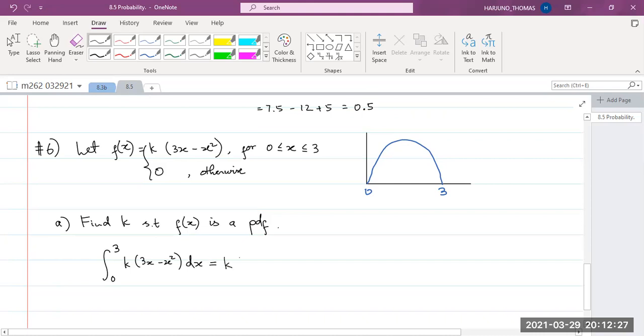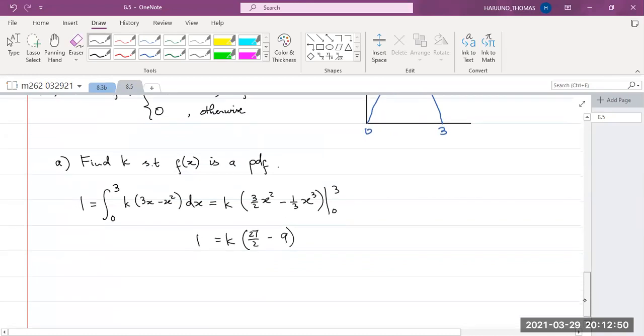So this is k times 3/2 x squared minus 1/3 x cubed from 0 to 3. That has to be 1. So that's 27/2 minus 9. That's 13.5 minus 9, so that's 4.5. So k is equal to 2/9.